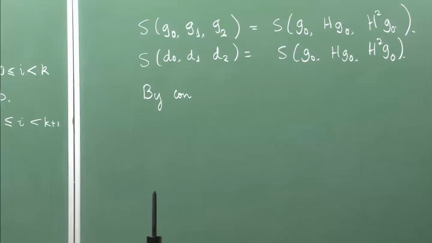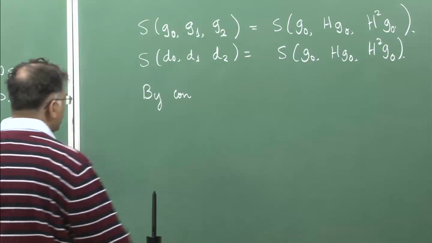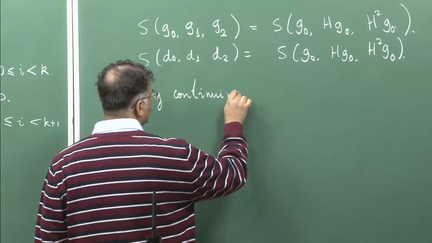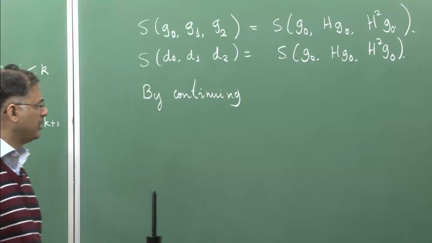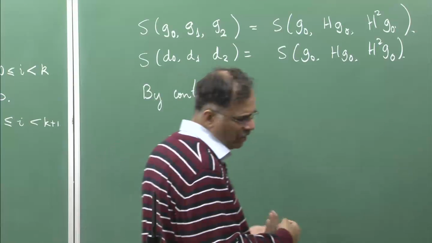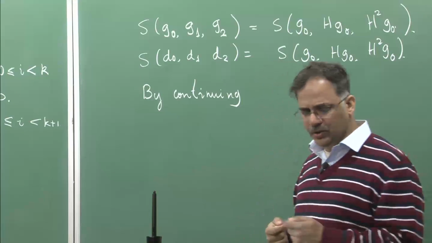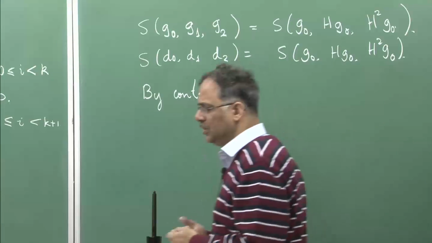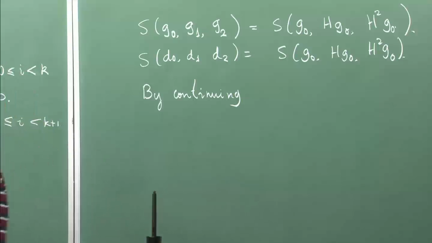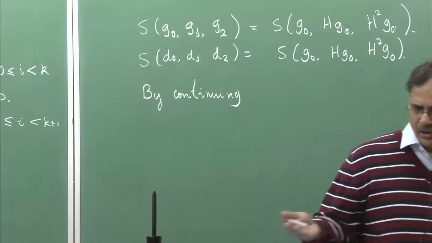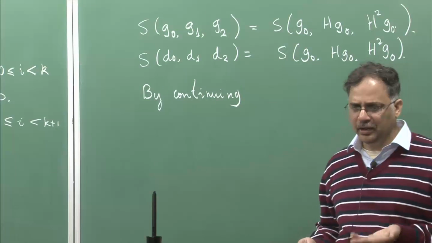So, let us go up to k by continuing in this manner. That is, you see what we did: d1 was a linear combination of g0 and H g0. Then we expressed d2 in terms of d1 and put back the value of d1 to get g2 and d2.